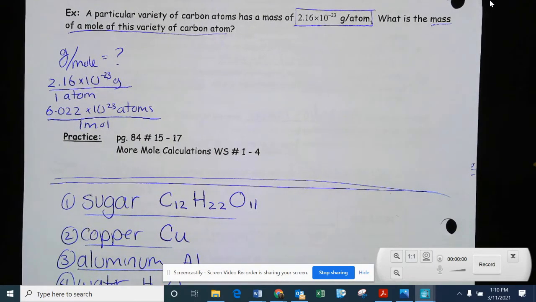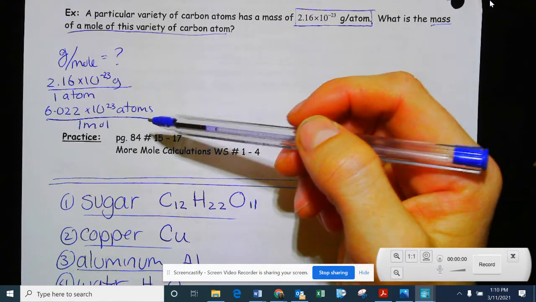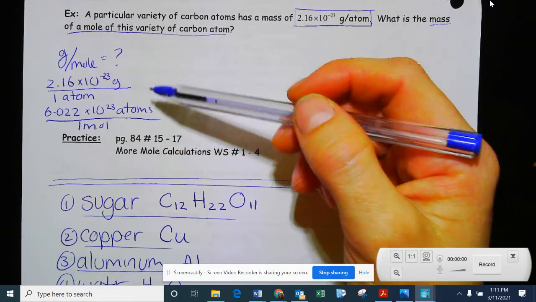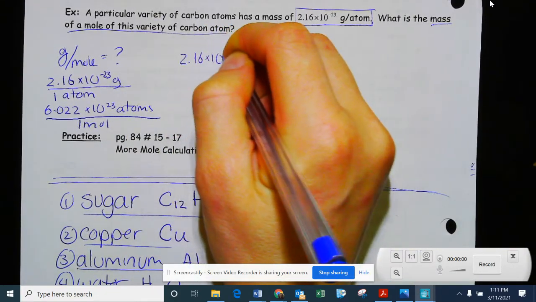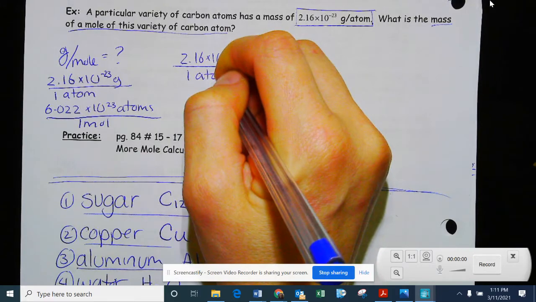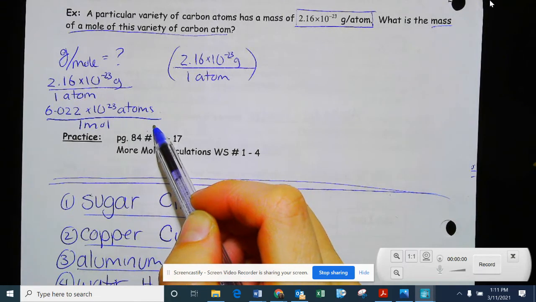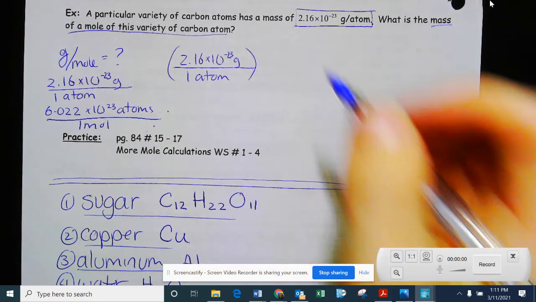If you're not sure where to start with something, I would recommend listing off to the side: what am I looking for? What do I have? And then go from there. It doesn't matter what order I put these in. I'm going to start with 2.16 times 10 to the negative 23 grams per 1 atom. If I'm ending up with grams per mole, how do I want to put this second unit rate? Should I put the atoms on the top or moles on the top? Yep, exactly.